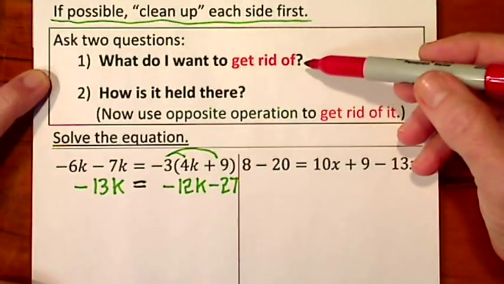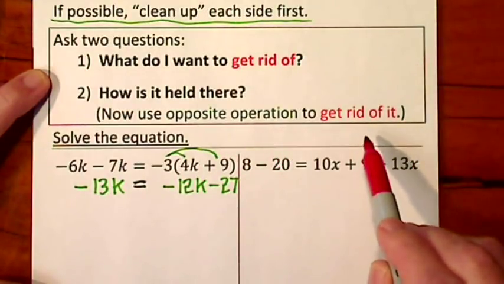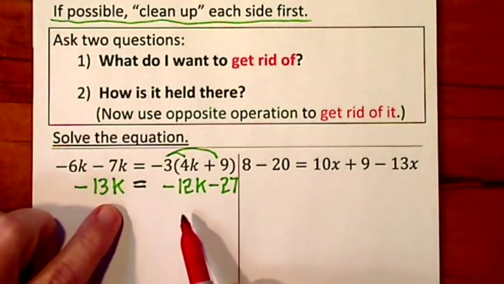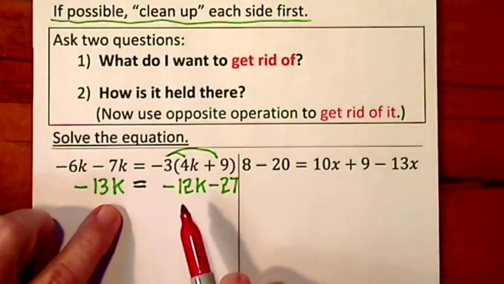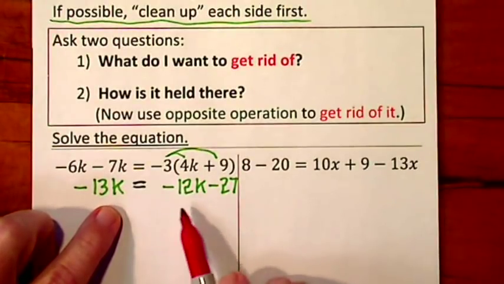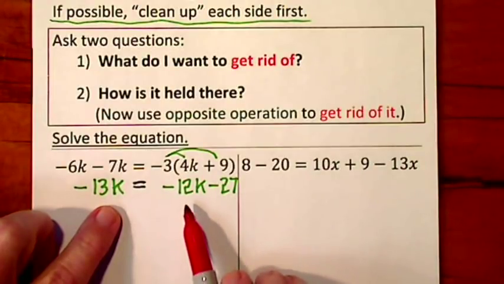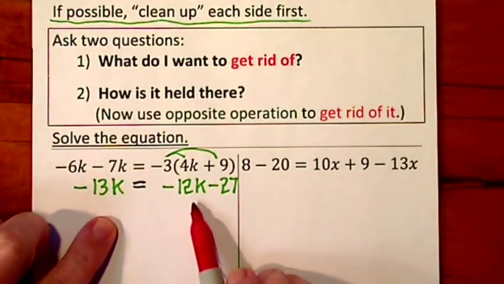Now we'll just decide what we want to get rid of and use the opposite operation to get rid of it. I have a negative 13k here, a negative 12k here. This side of the equal sign has more clutter on it. So I'm going to get rid of this negative 12k, even though I'm still going to be stuck with a negative variable.